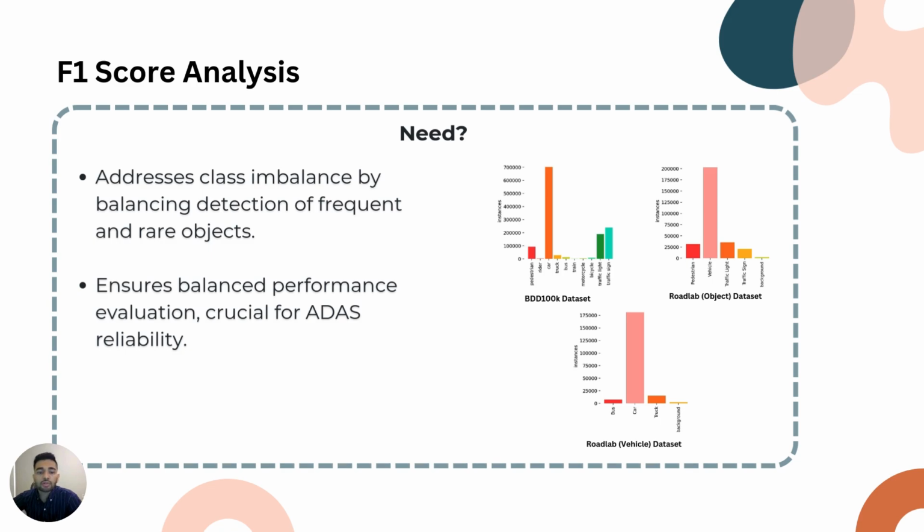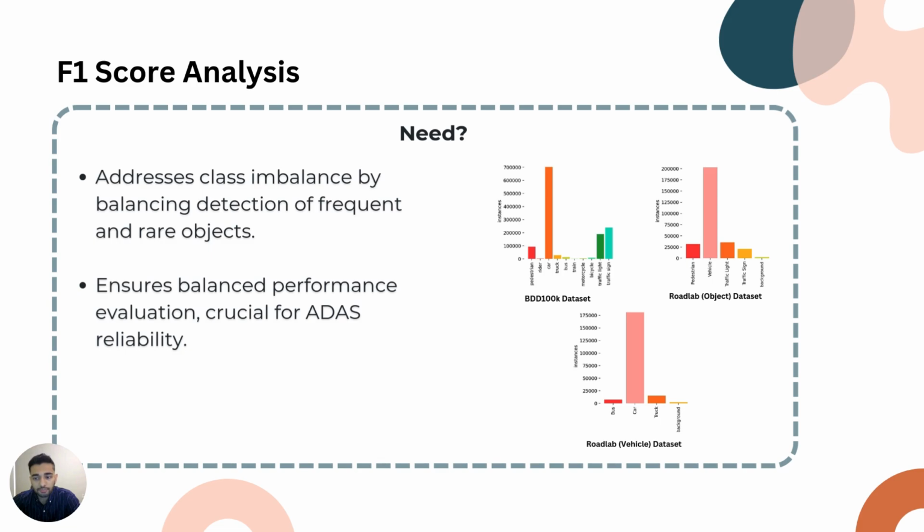Finally, coming to the third part of our results, which is the F1 score analysis. Now, what is the need for F1 score analysis? The reason is that in ADAS, the class imbalances in driving datasets pose challenges, as vehicles are more common than pedestrians or traffic signs. Just have a look at the graphs over here, and you would observe that the instances of a car in all the datasets that we have is much more than the instances of pedestrians or traffic signs.